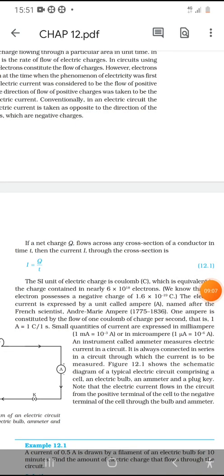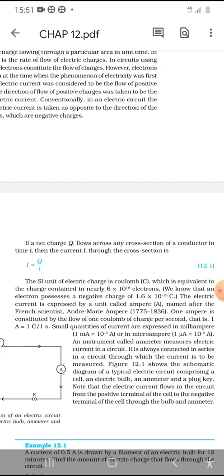As we know, I is equal to Q by T. Q is the electrical charge, with unit coulomb. The SI unit of T is second, and the SI unit of electric current I is A, ampere. From this formula we get 1 ampere is equal to 1 coulomb per 1 second.